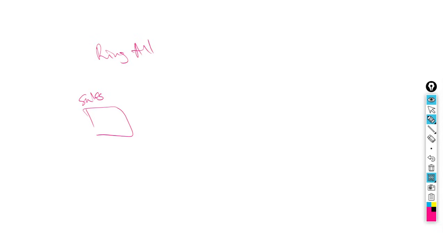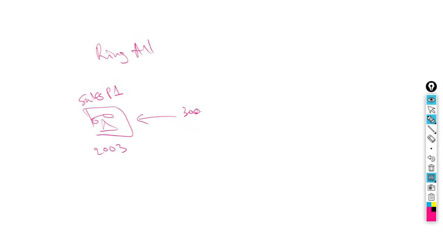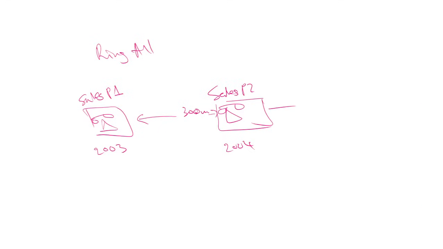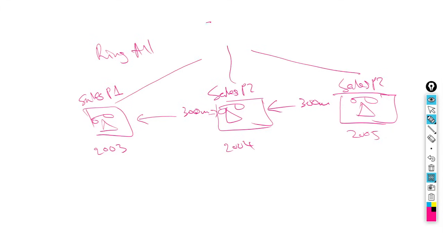This is a sales person number 1, and this office, his extension is probably 2003, and maybe 300 meters away from him is an office for the sales person number 2, with his extension probably 2004, and maybe another 300 meters away from him is another sales person office, probably extension 2005, and they all belong to the sales ring group 7001.